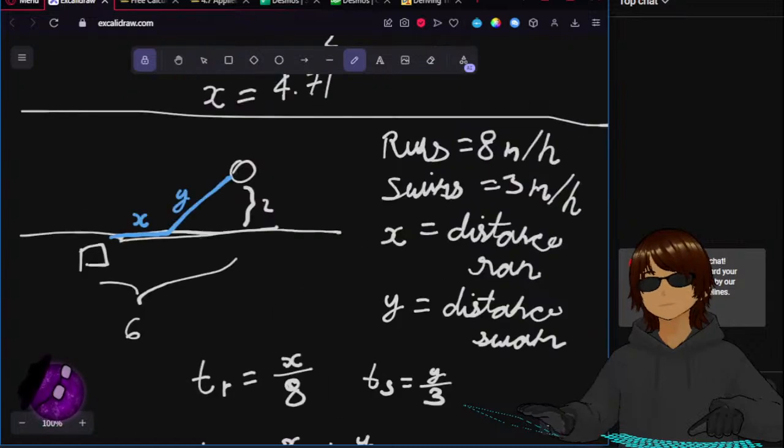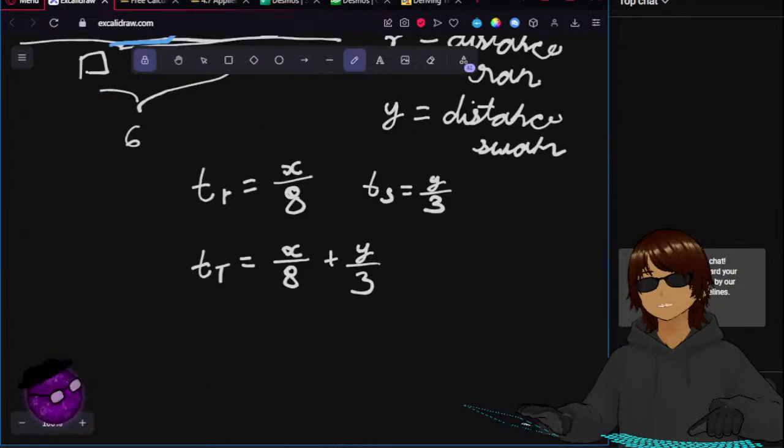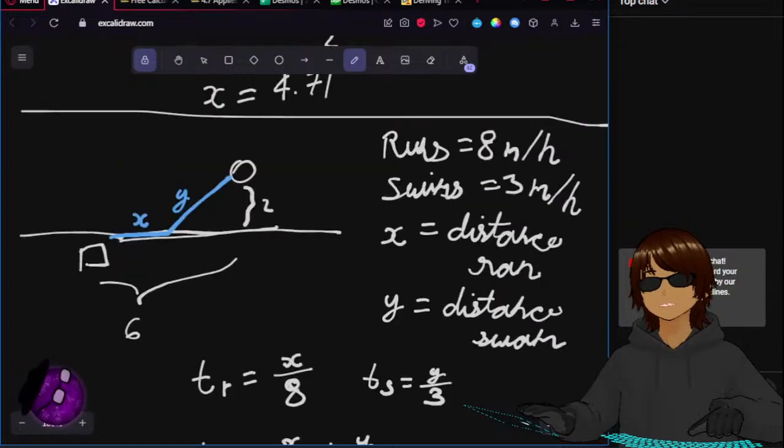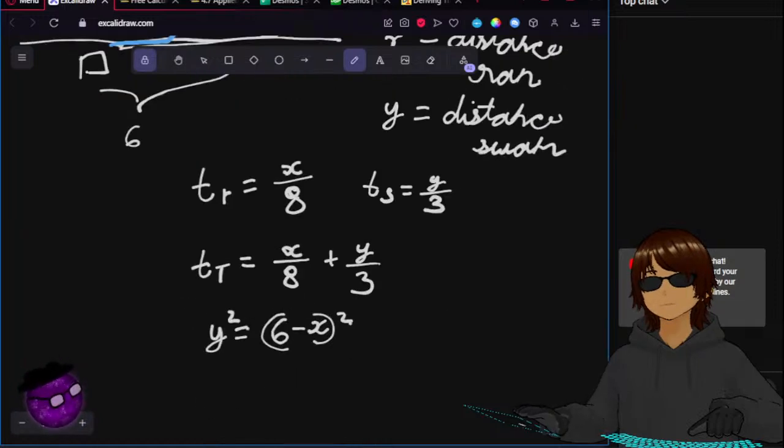And then y squared is equal to (6 minus x) squared plus 2 squared.